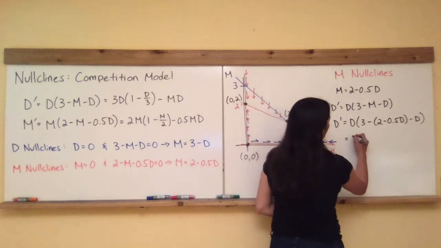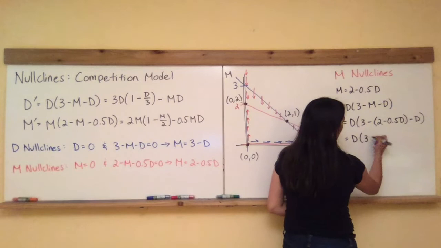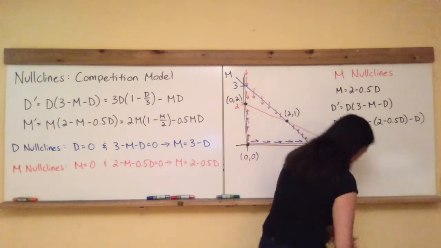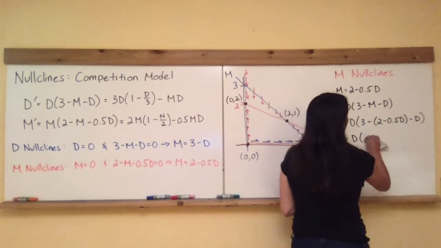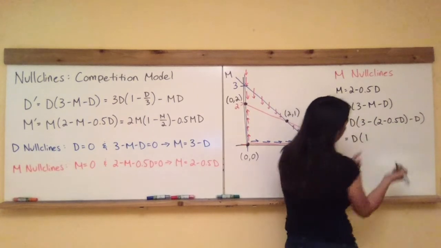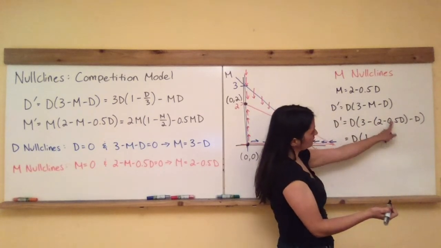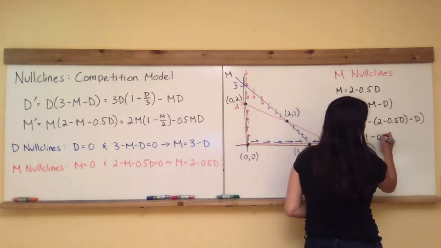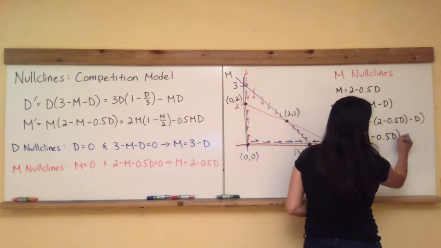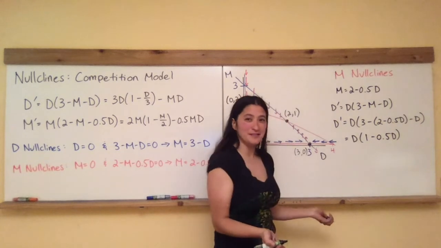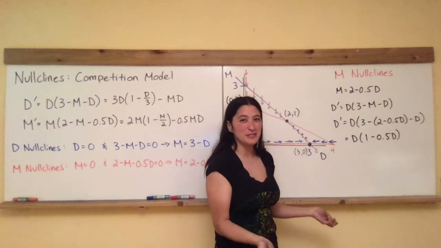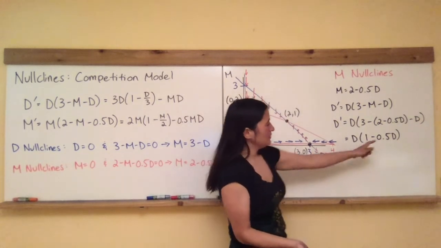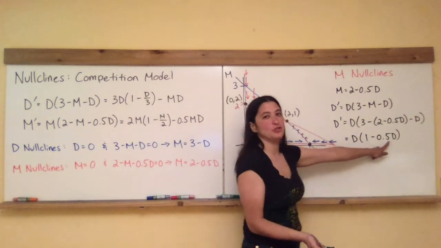Okay? And so we've got D prime is D times 3 minus 2 is 1. So I guess I could just write a 1 there. And then negative times negative is a positive 0.5. Minus D is negative 0.5D. And another down-facing parabola. So it's going to switch behavior at a special place known as D is equal to 2.